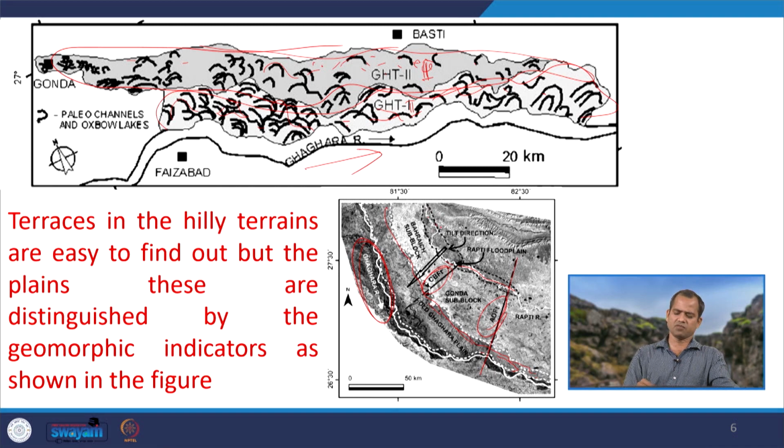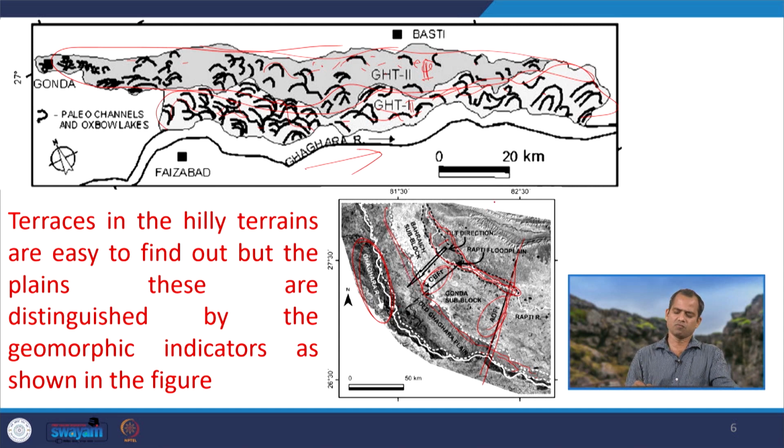Similarly, the Rapti decreases and ends here, and it coincides with a fault, the Ayodhya Dinkarpur fault. And the peculiarity of this photograph is that here this paleo floodplain was the left bank of the river. Similarly, this is also the left bank of the river.